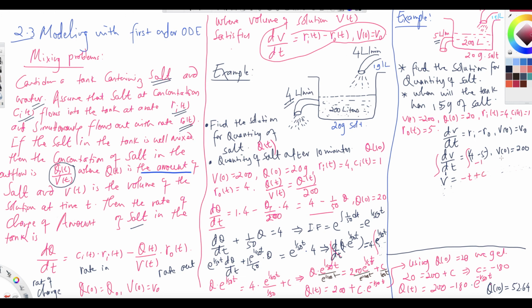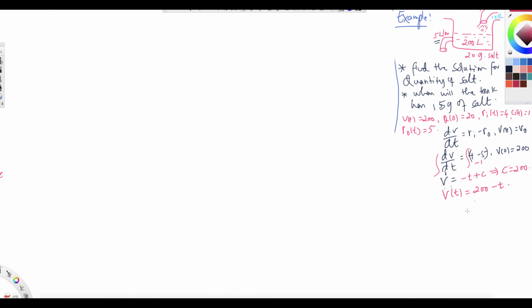What is the value of c? If you use V0 equals 200 at t equals 0, you get c equals 200. So V(t) equals 200 minus t. That is the expression for V(t). So we now have everything that we need.